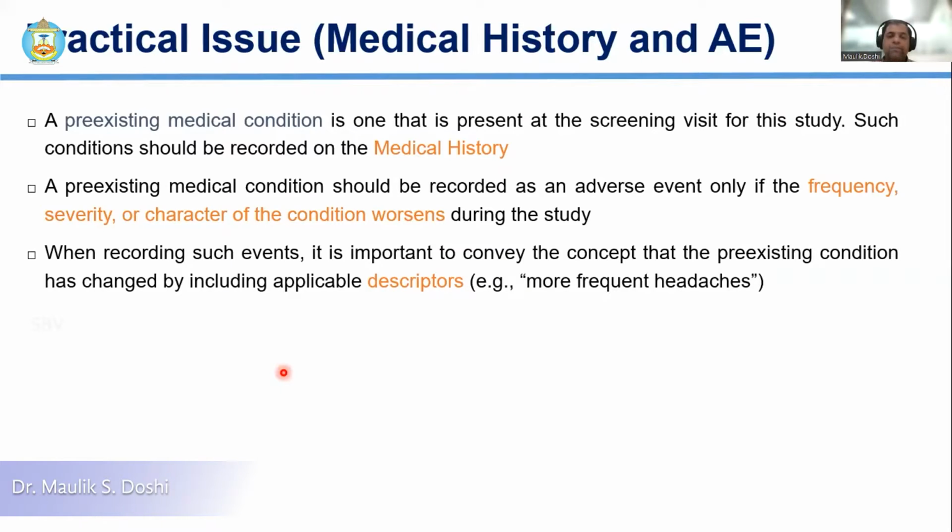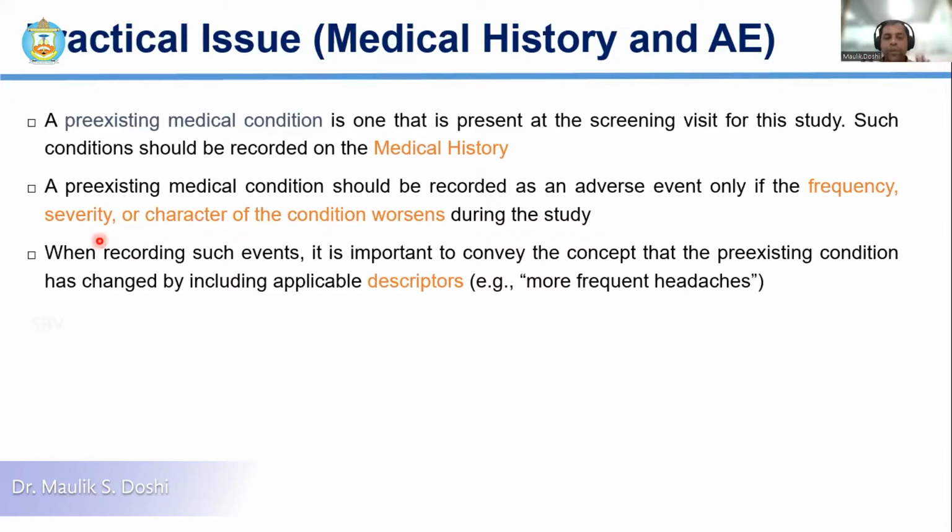Unless something changes after the consent. For example, before taking consent, the patient was having nausea and vomiting 2 times in a day. After taking informed consent, if the frequency increases, or the severity increases, like it becomes more severe, more projectile, or something changes in that event, then that medical history should now be labeled as an adverse event.